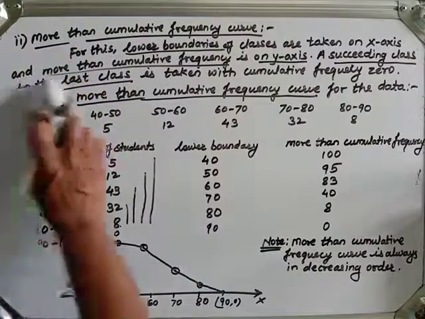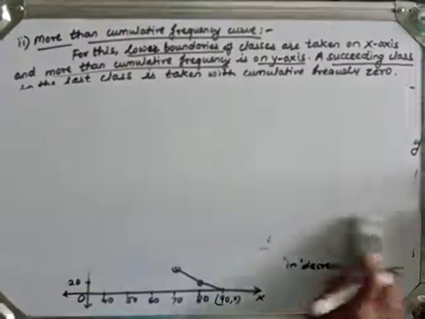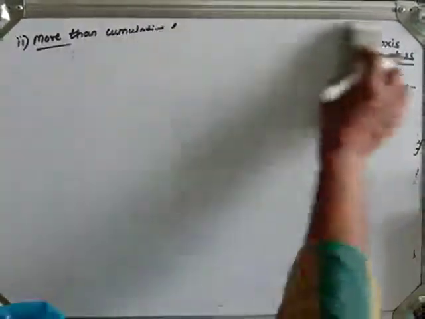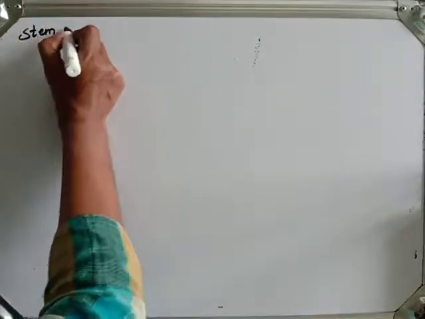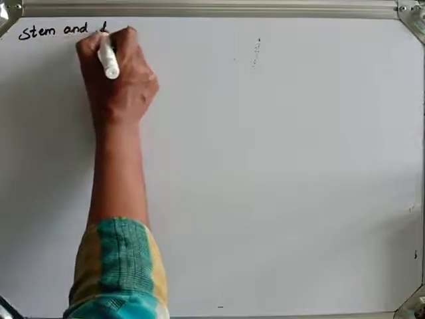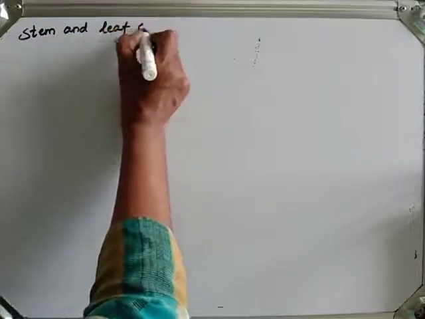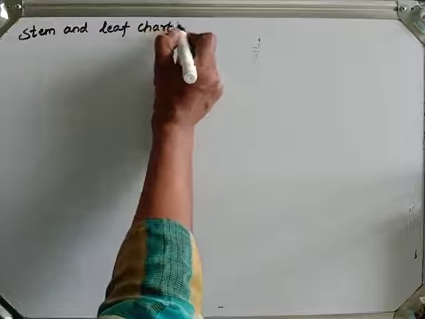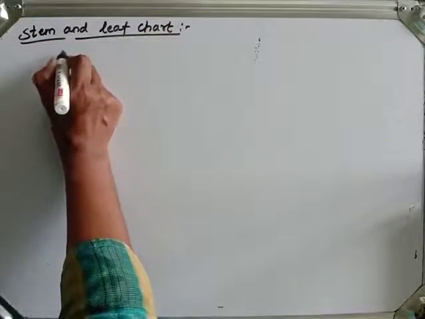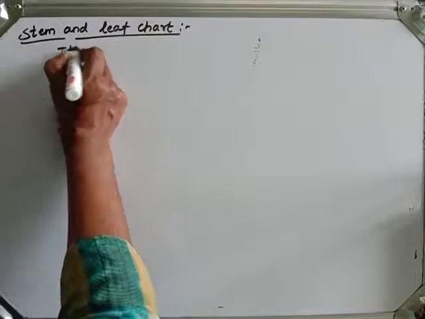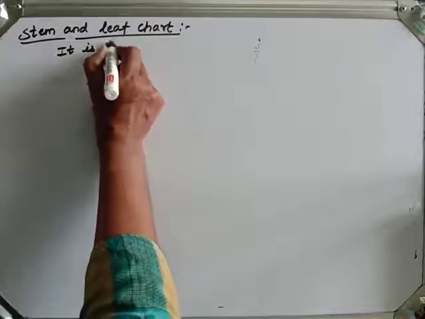So now let us see the next type of representation of data, that is stem and leaf chart. Here it is similar to a histogram.